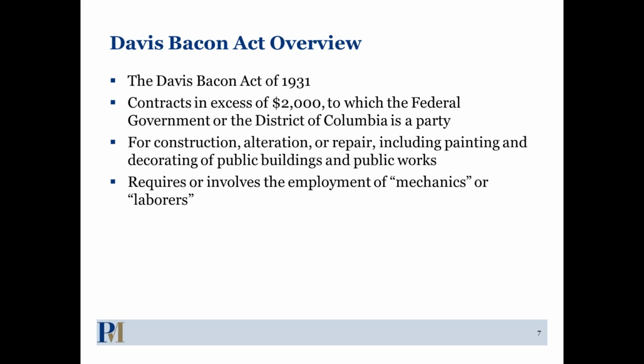It was the first of the prevailing wage acts, passed in 1931, and it applies to contracts in excess of $2,000 as opposed to $2,500 under the SCA, which are covered by either the federal government, or the District of Columbia can also be a party. They apply to construction, alteration, or repair. This pretty much includes what you would expect, but it also has painting and decorating of public buildings included. And it requires that you pay prevailing wage rates to mechanics or laborers on those projects.